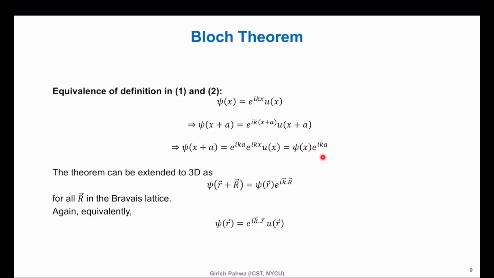Both are equivalent. Okay, and this is not only for one dimension, it is valid in 3 dimensions. So for 3D, the theorem can be extended as psi of, instead of x there will be position vector r, the position vector of any point in space, plus instead of a, which is like a primitive vector of periodicity, what is its analogue in 3D? That will be vector R. So vector R is any lattice vector in the real lattice, right? It's the position vector of any lattice point.